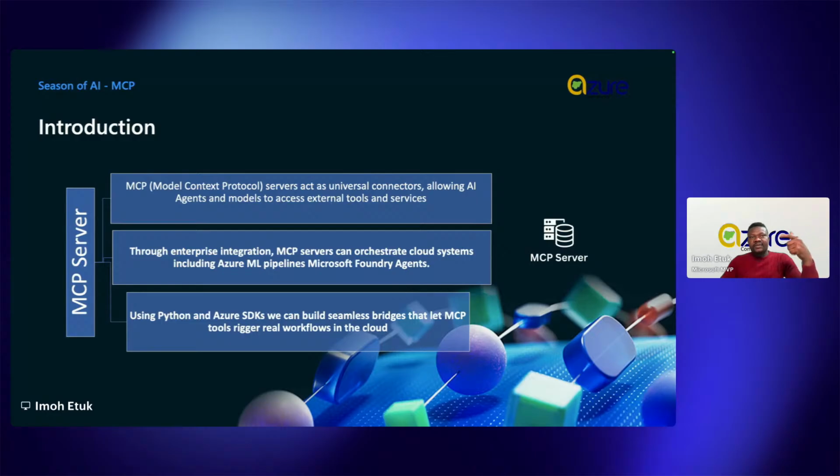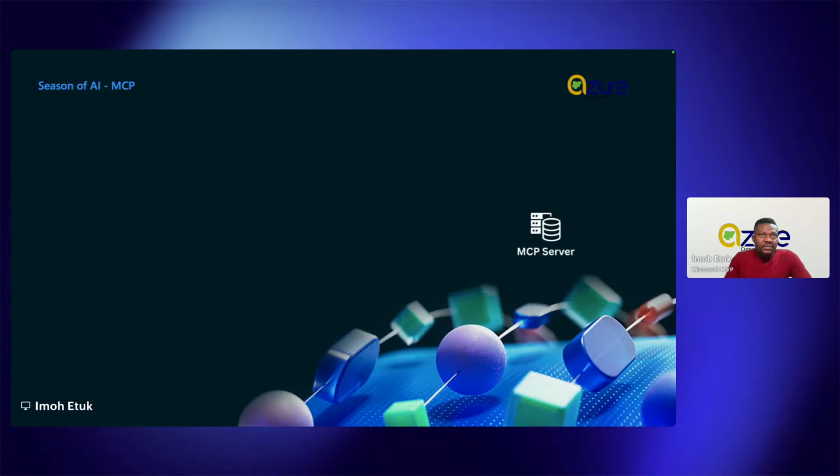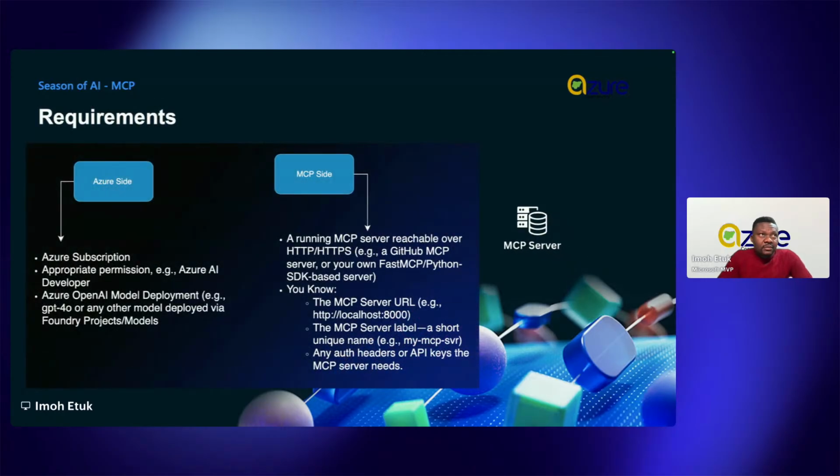Now, this solution is built using Python and Azure SDK, and by so doing, I'm able to build a very seamless MCP server that enables your agents on Foundry to call tools seamlessly and in real time. So I'll move down to the requirements for this.